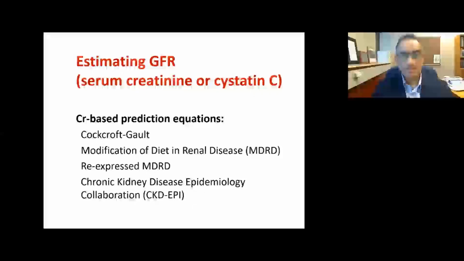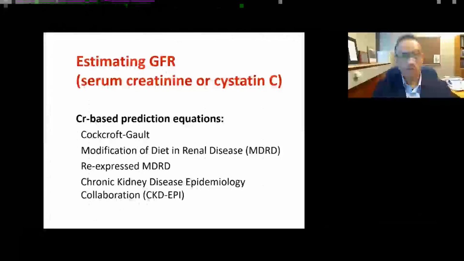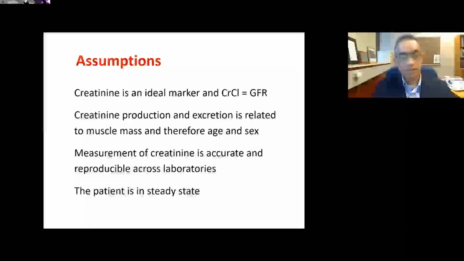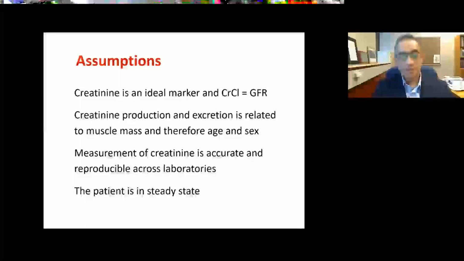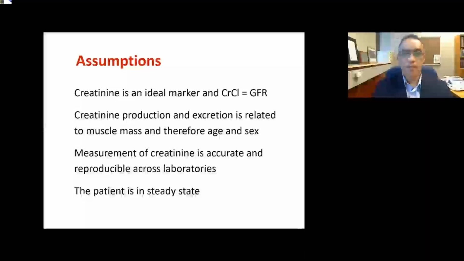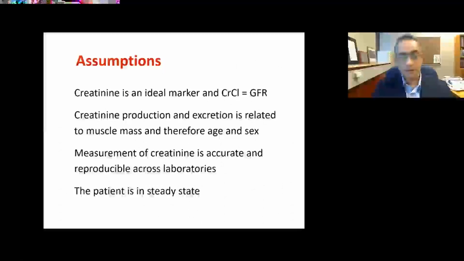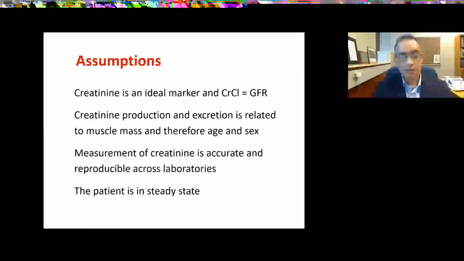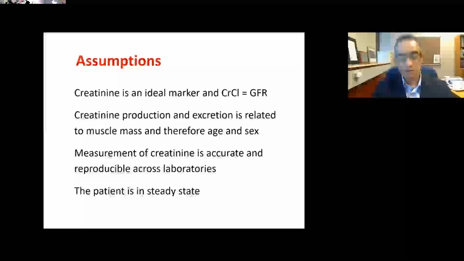And you'll see in these equations that the factors that we include are those trying to get at the muscle mass or the daily creatinine production. We also assume that creatinine can be accurately measured. This was not always the case, but should be less of a problem nowadays. And finally, we assume that the patient is in steady state. And this is really an important one. We should not be trying to estimate GFR when the creatinine is clearly rising or falling.